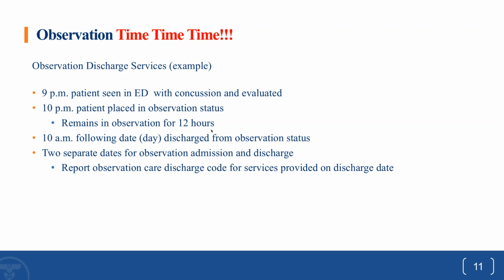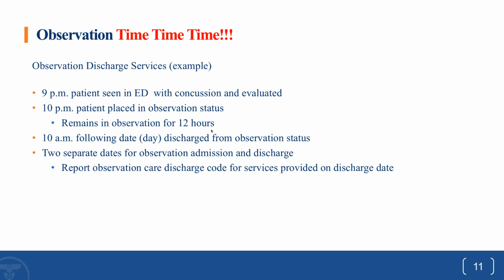9 p.m., patient goes to the emergency room department with a concussion and is evaluated. 10 o'clock, they put him in observation. So remember, now it's 10 o'clock the night before, right? They are in observation for 12 hours, so we clearly know that there's going to be 2 dates.